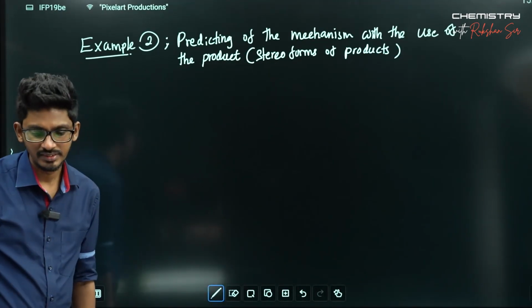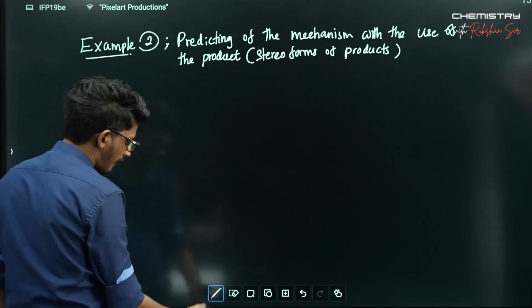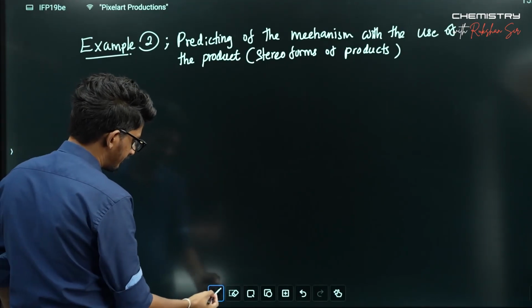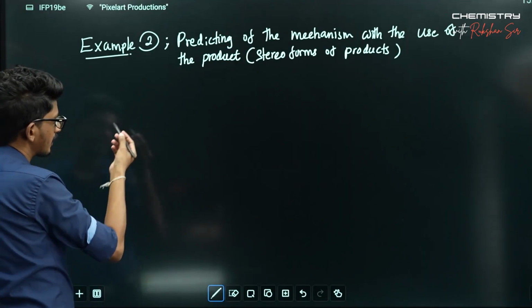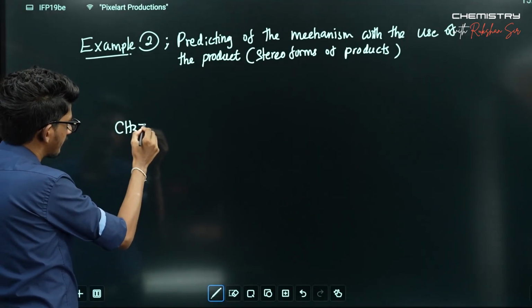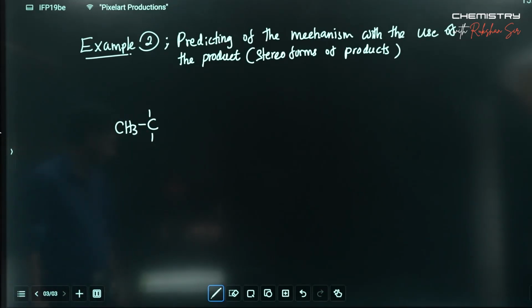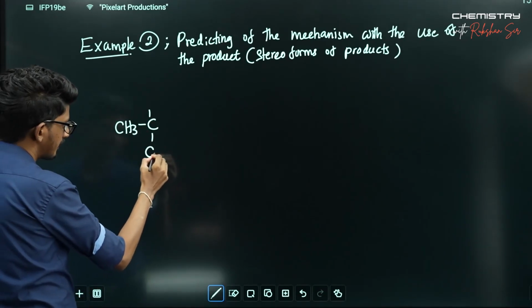Right, let's copy this example now. Let's assume you have been provided this kind of alkyl halide, which is a secondary alkyl halide.